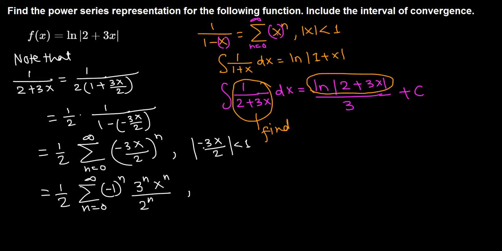If we simplify, the absolute value of a negative number is the same as the absolute value of a positive number, and we can multiply by 2 and divide by 3, so this becomes absolute value of x less than 2/3. This power series is valid when x is between negative 2/3 and positive 2/3.